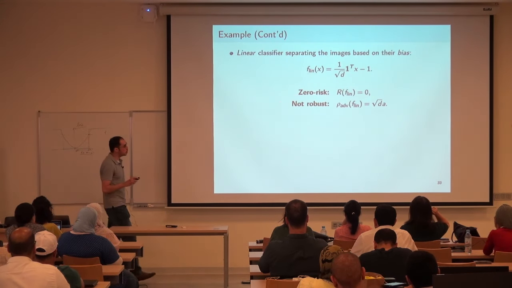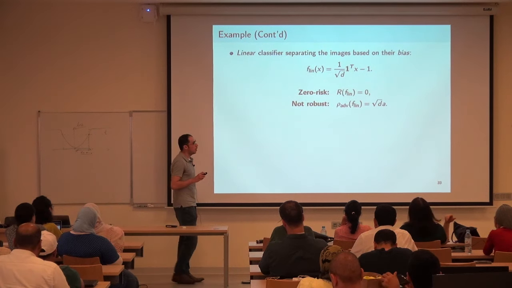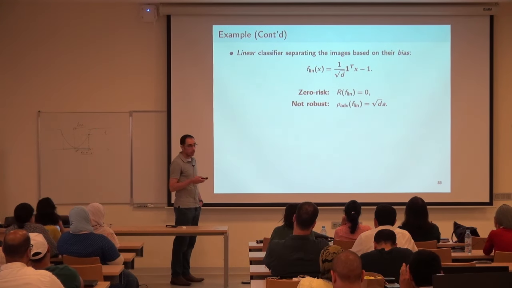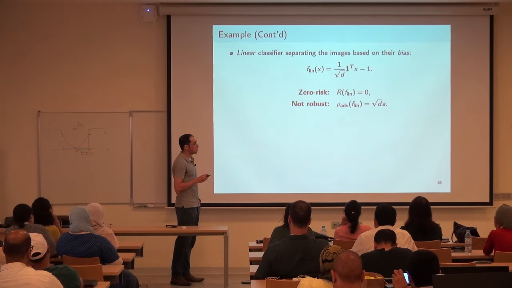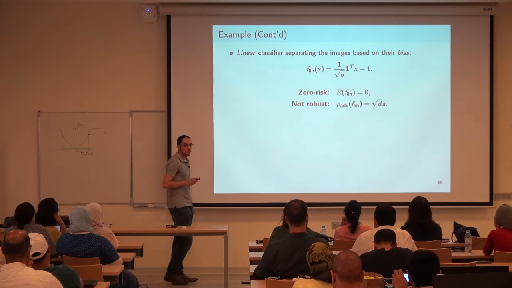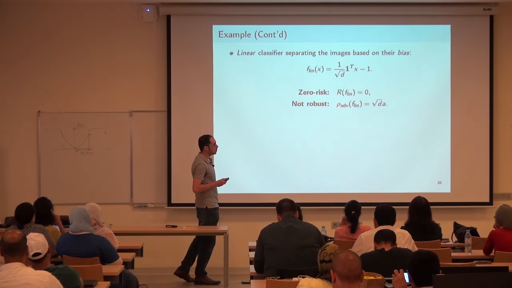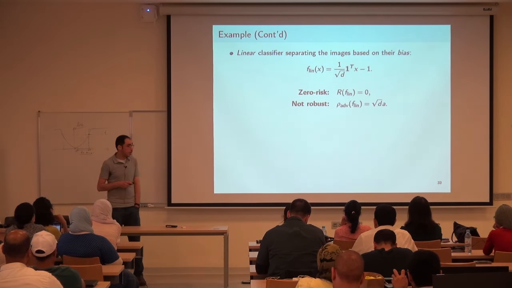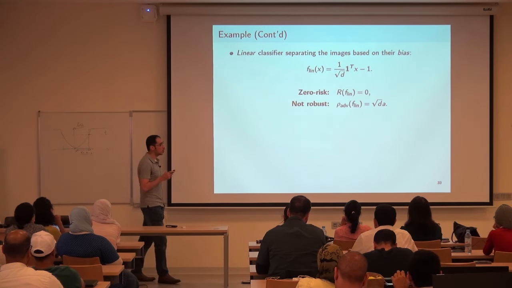So if you consider a linear classifier, this very simple linear classifier, which basically sums up all the different pixels, then this classifier is perfect in terms of accuracy, but it is not robust at all. The reason why it's not robust at all is that it picks up the bias and it doesn't pick up the orientation. Actually, linear classifiers cannot pick up the orientation.